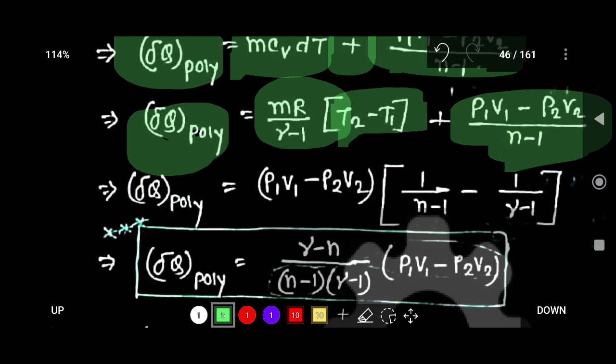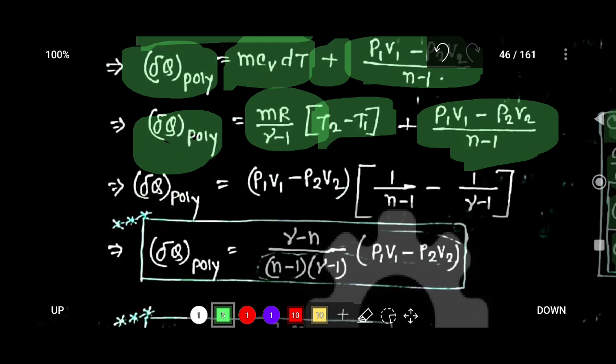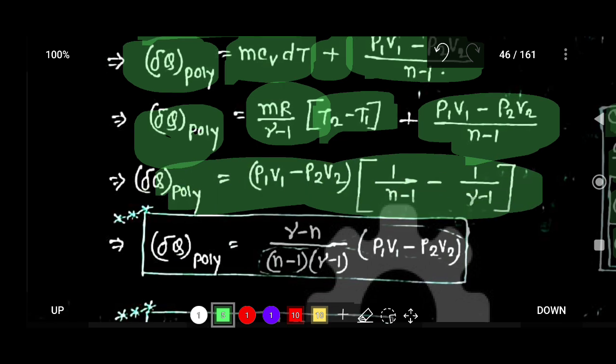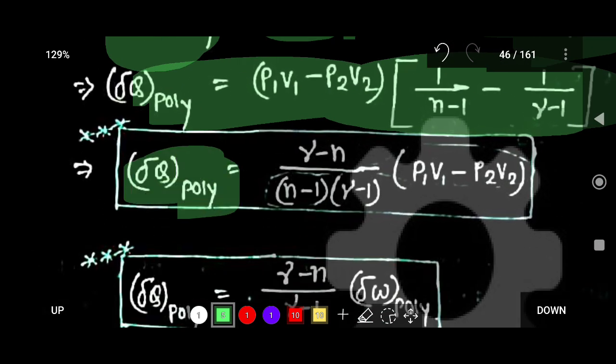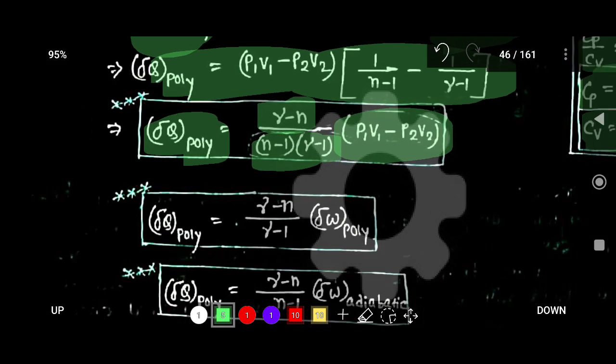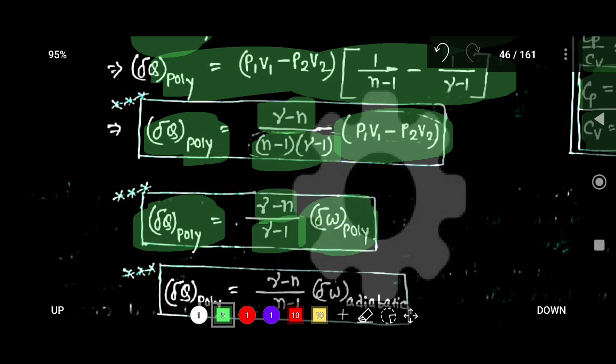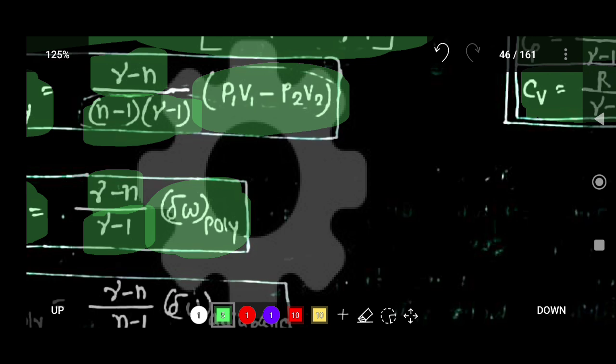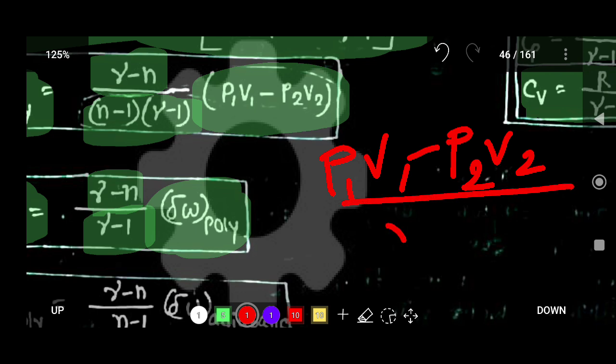From here, if you take common terms, you can get del Q polytropic equals gamma minus n upon n minus 1 into gamma minus 1, into P1 V1 minus P2 V2. From here you can get del Q polytropic equals gamma minus n upon gamma minus 1 times del W polytropic. You know the formula del W polytropic is P1 V1 minus P2 V2 upon n minus 1.